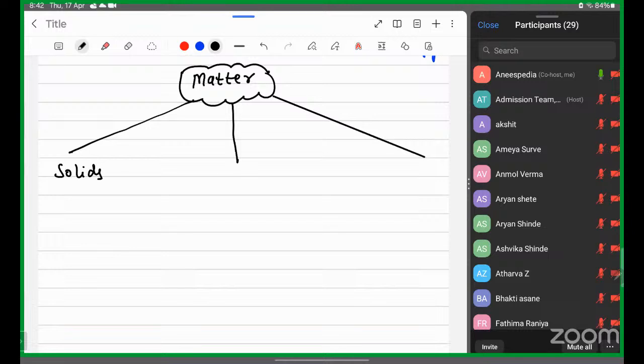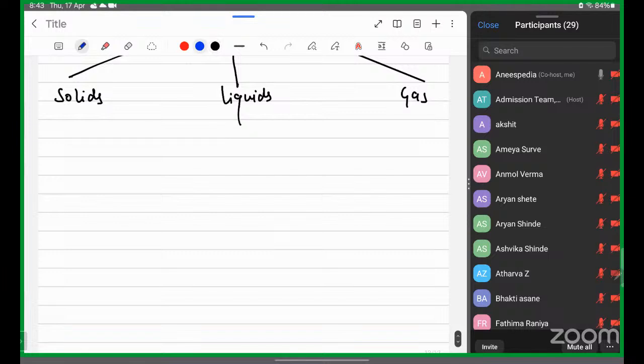Solids, liquids, and gas. In solids, constituent particles are closely packed as compared to liquid and gas. In case of liquid, constituent particles are in an intermediate position as compared to solids and gases, which means the space between constituent particles in liquid will be greater than solid but less than the gaseous state.